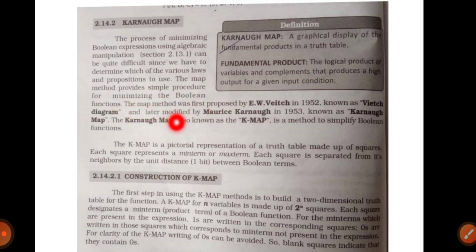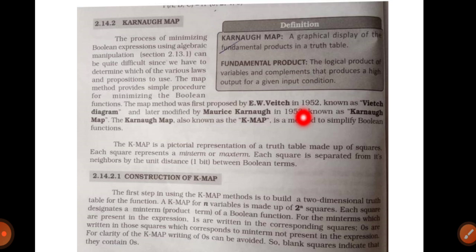The map method was first proposed by E. W. Veitch in 1952, who first explained this map. It was known as the Veitch diagram before it was later modified by Maurice Karnaugh in 1953.